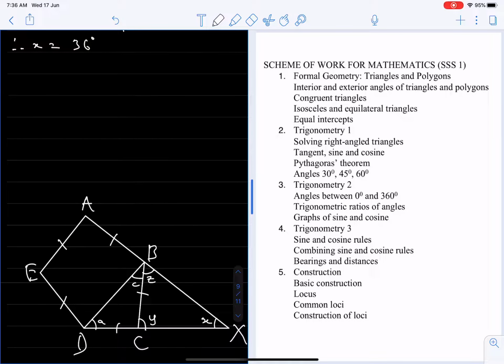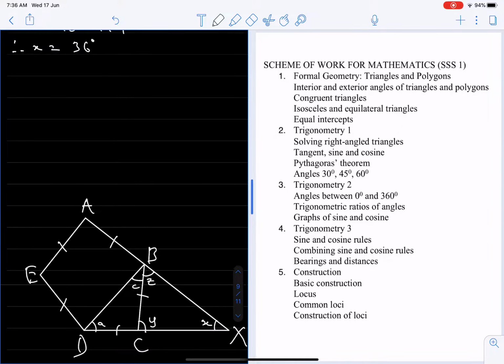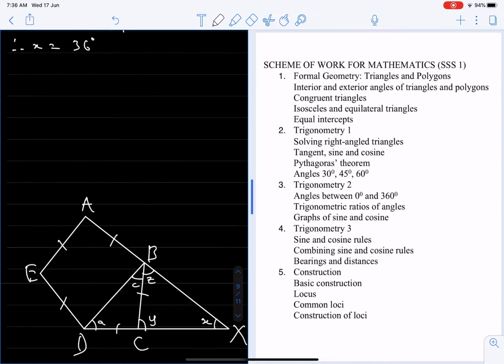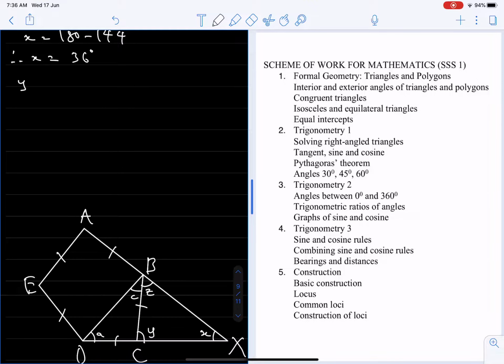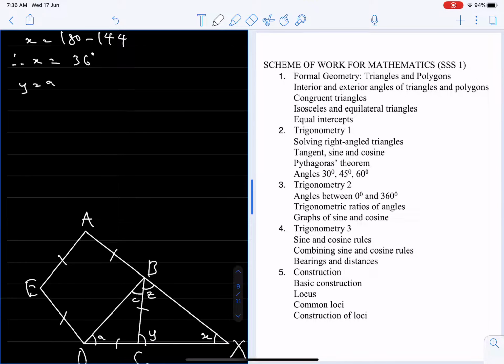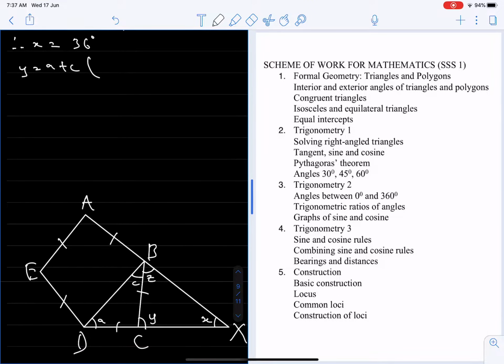Now, we actually want to show that triangle BDX has two equal angles. Now, what else do I need? I can say that angle y equals a plus c. And what's the reason for that? That's in triangle BCD.